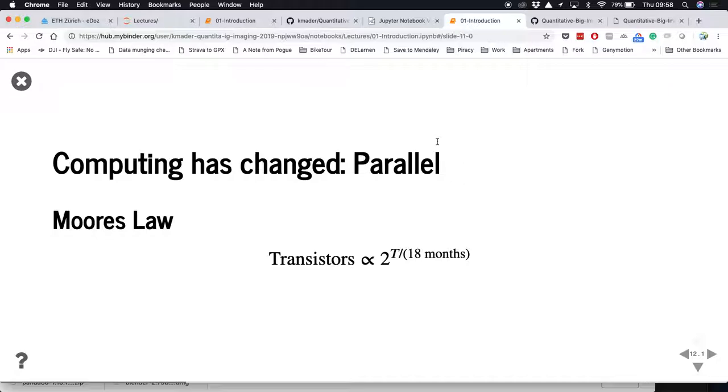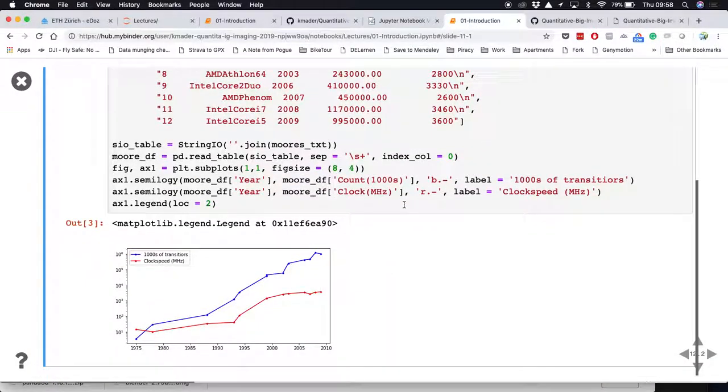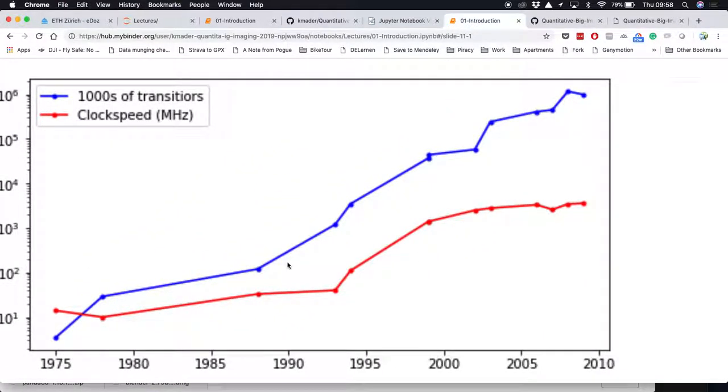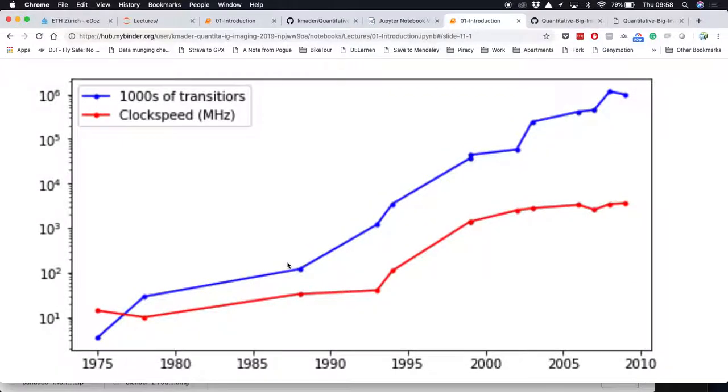Basically this law says the number of transistors doubles every 18 months or so. This was really the basis of everything that happened on computers for a long period of time, where, as computers were progressing, the number of transistors doubled and the clock speed was also going up. The clock speed was never part of the law, but it typically increased as well.